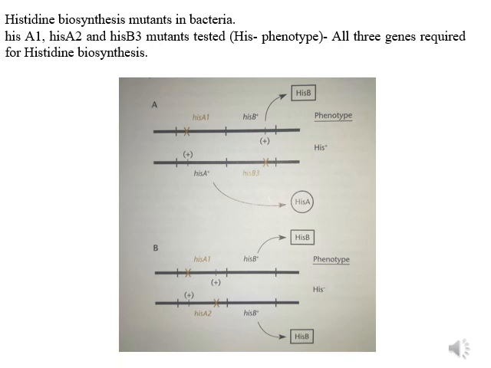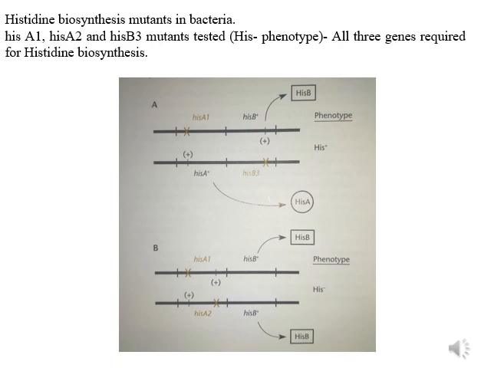On the other homologous chromosome, it is mutated. So if these two chromosomes are present in the same bacterium, the mutations on the two genes will complement each other. You can see the hisA product is still produced, and the hisB product is also still produced. What will be the phenotype? The phenotype will be his positive because the two gene products A and B are produced.